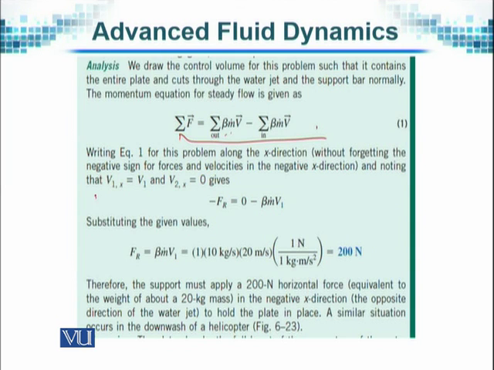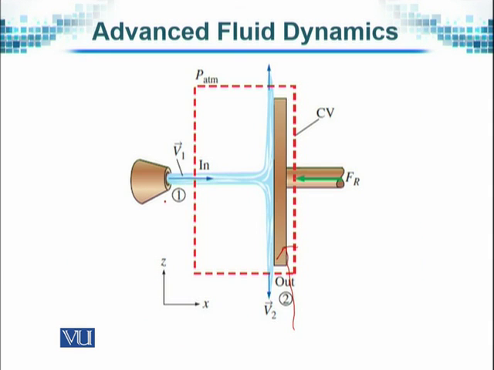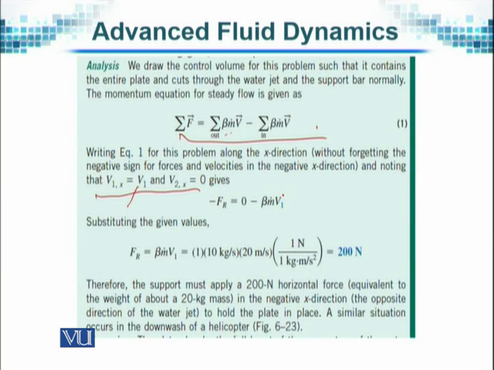The velocity in the x direction at the inlet is denoted by V1, and the velocity V2 in the x direction is 0 because it is not passing through the plate. The plate is a solid plate. If there is any fluid moving, it is moving in this direction. The fluid here is not moving in this direction, and therefore V2 is 0 in the x direction.